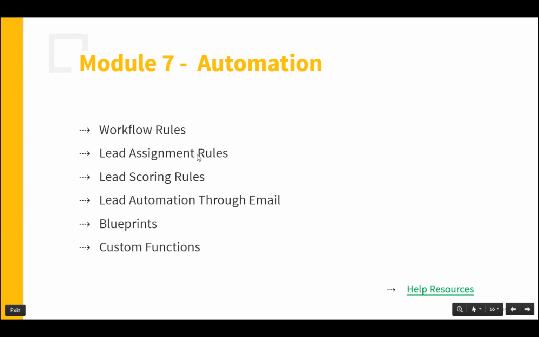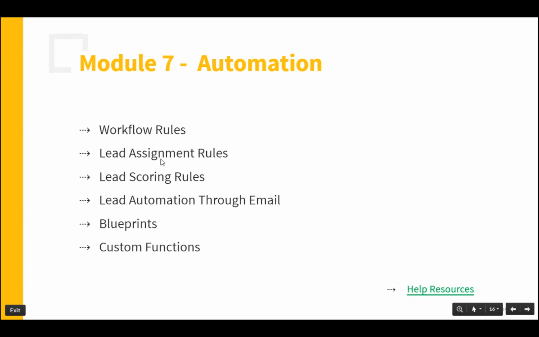What is a lead assignment rule? A lead assignment rule is when a manager, for instance, has to assign leads based on a specific individual, any user, or a round robin method.